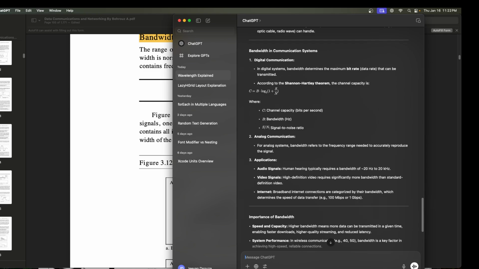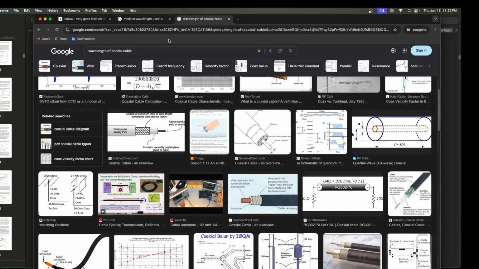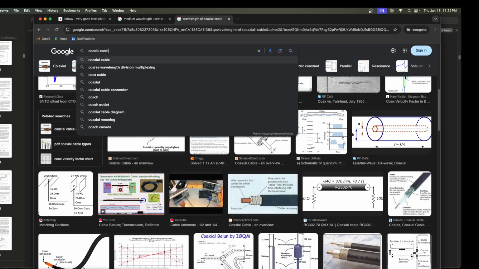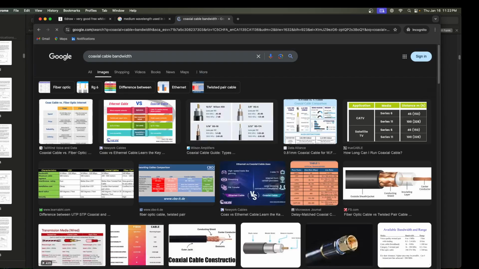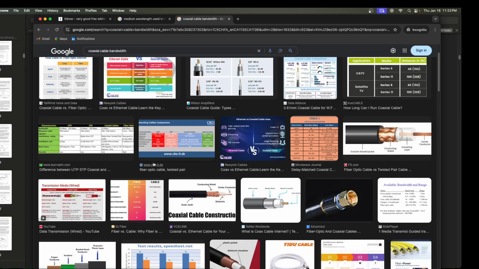So let's see different mediums, below effective transmission. Let's see a coaxial cable bandwidth. So that means, what is the bandwidth?